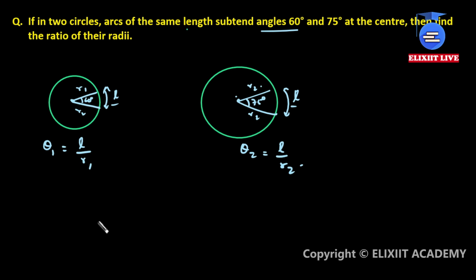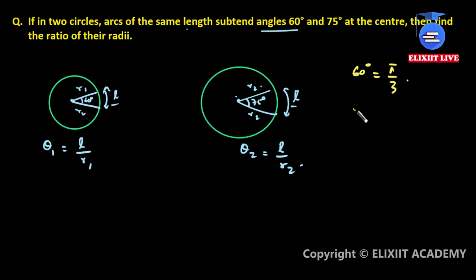The first task is to convert this particular 60 degree in terms of radian measure. Obviously, in this case, it is pi by 3. Just now we have seen it is pi by 3. 60 degree means pi by 3.